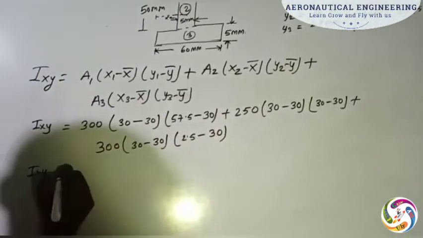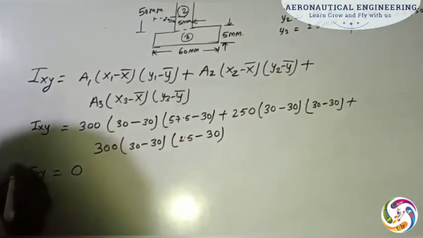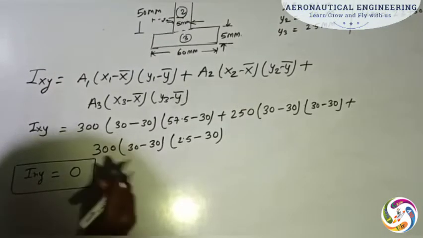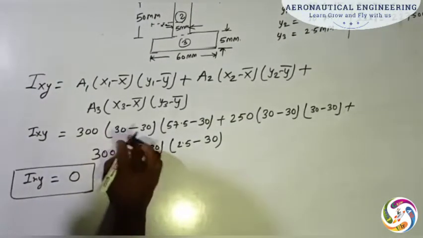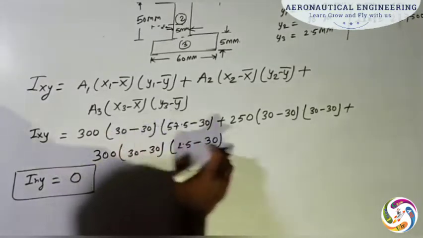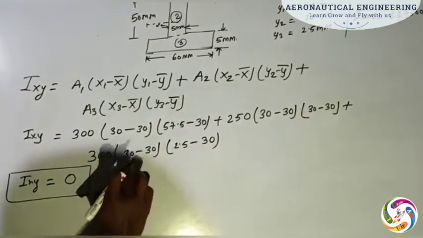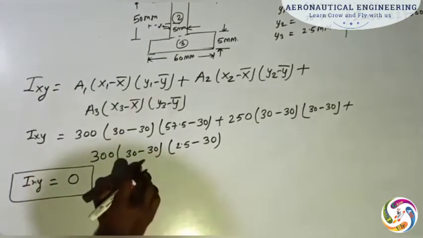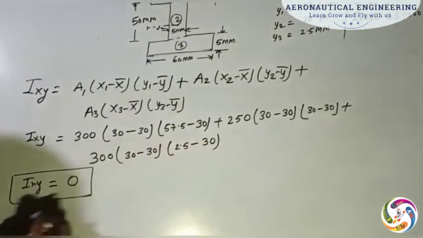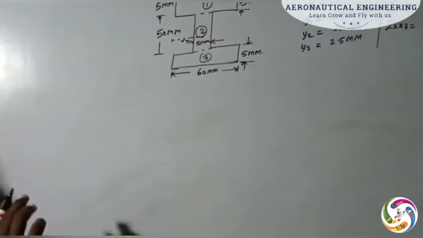After calculating this we get Ixy value 0. If you see, 30 minus 30 is 0, so this portion becomes 0. Similarly this 30 minus 30 portion also becomes 0, and similarly 30 minus 30 also becomes 0. So the whole value of Ixy became 0. Up to this, the first step is finished.